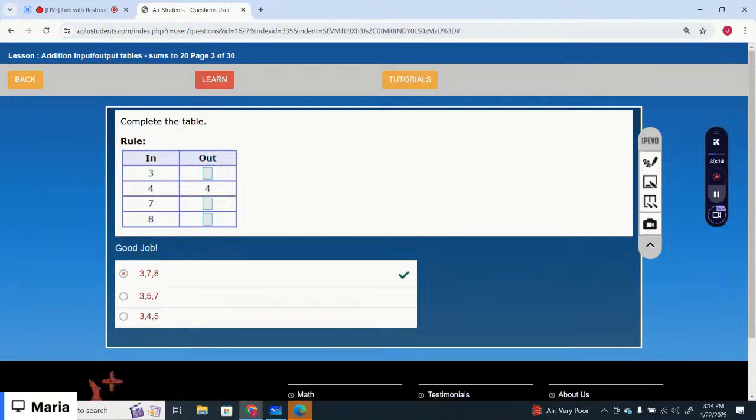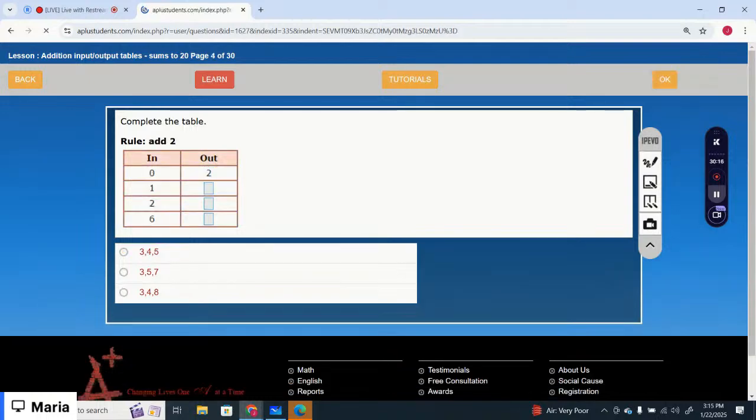Let's suppose that is 0. Complete the table. Add 2, which is the correct option.